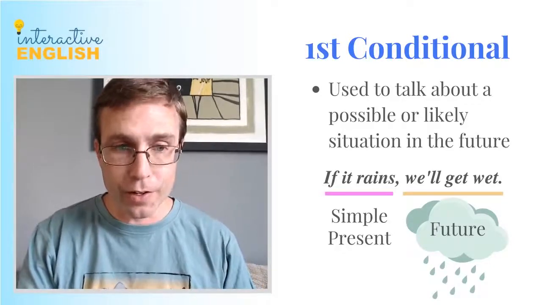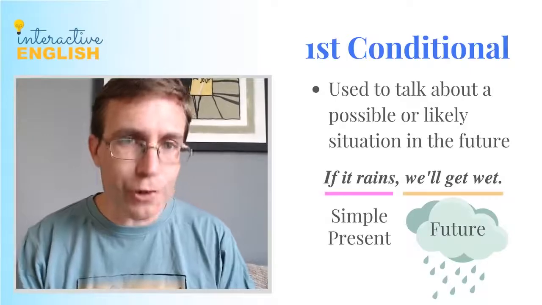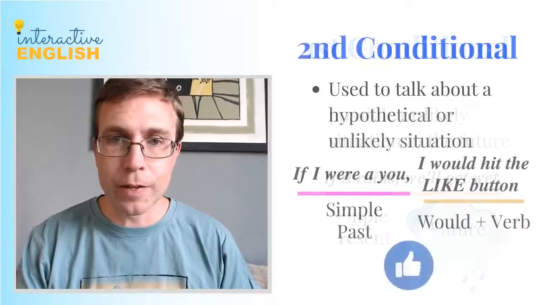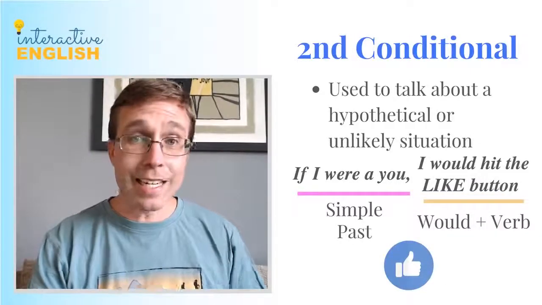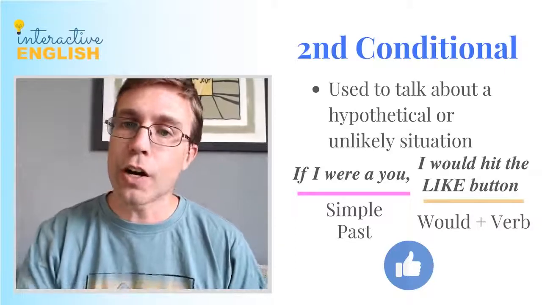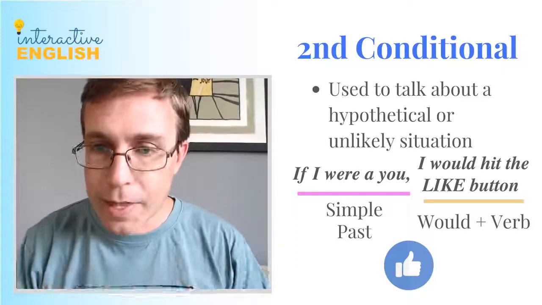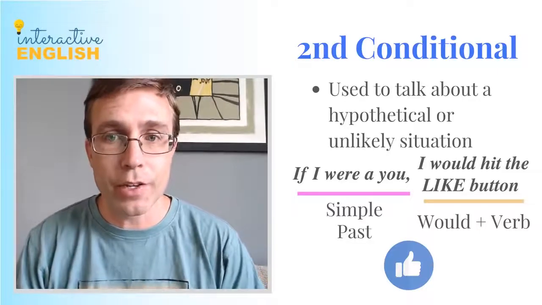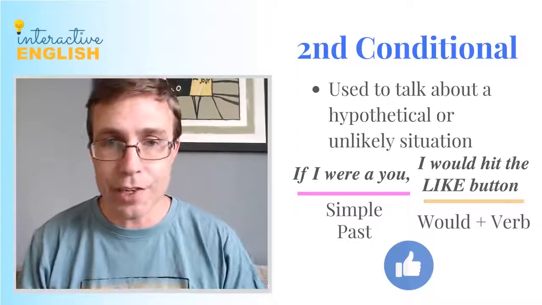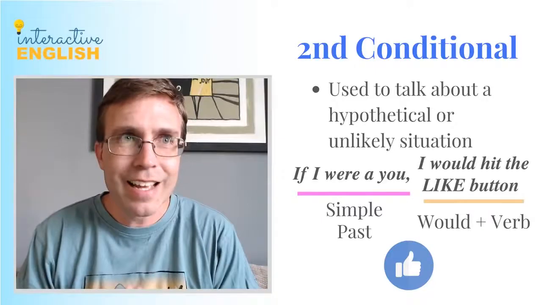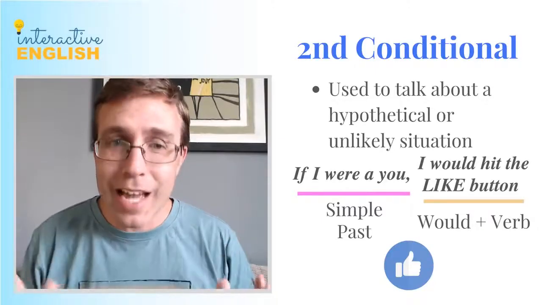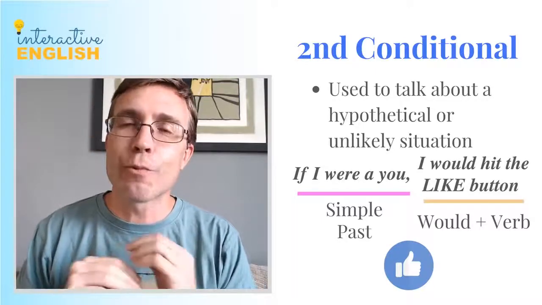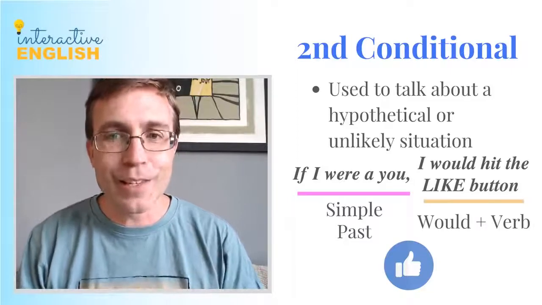First conditional. Now it starts to get a little more tricky with the second conditional. So the second conditional is used to talk about a hypothetical or an unlikely situation. Hypothetical or unlikely situation that, okay, it cannot happen, it's not going to happen, or it's really, really unlikely that it's going to happen.